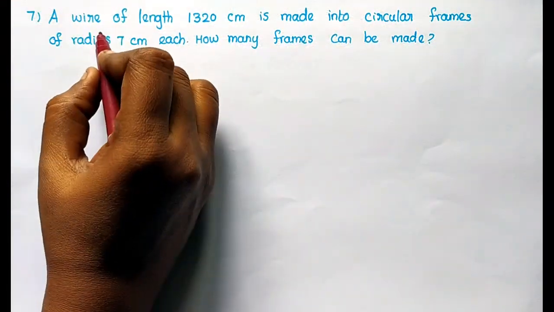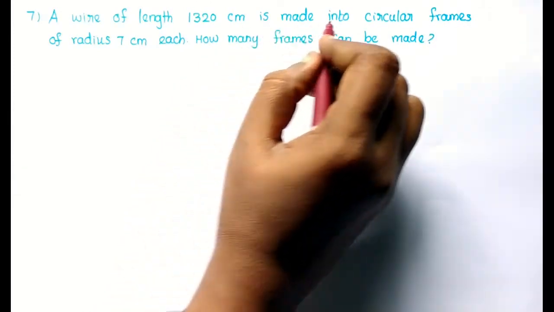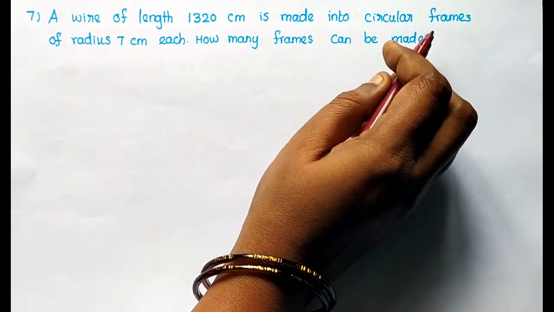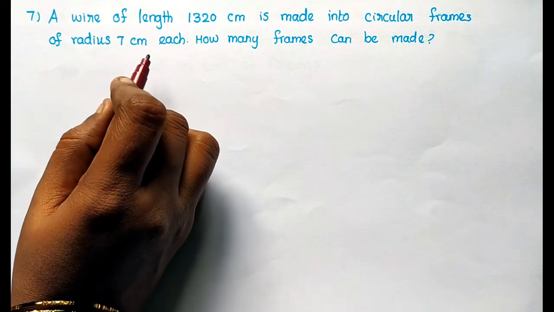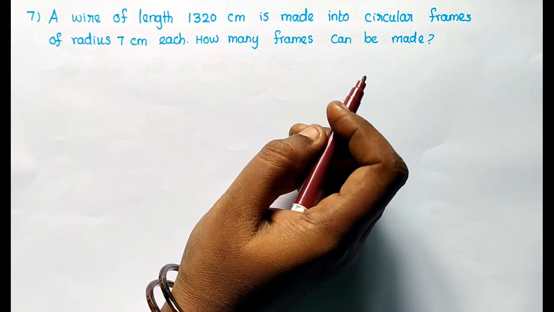Seventh sum, a wire of length 1320 centimeter is made into circular frames of radius 7 centimeter each. How many frames can be made?